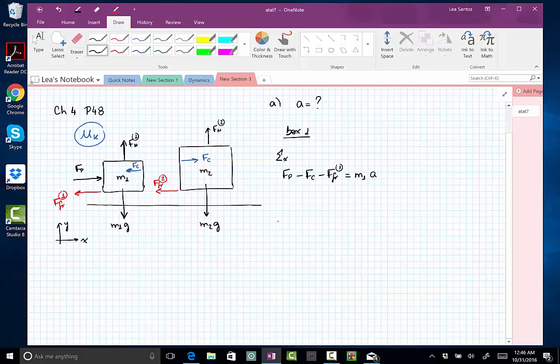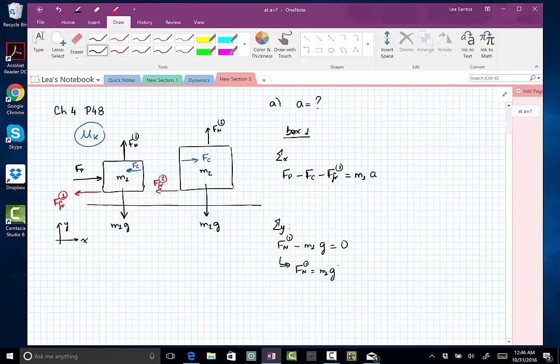How about in the y direction? In the y direction, we have just Fn, and this is Fn1, minus M1g. Along the y direction, there is no motion, and this is then 0. This is important because from here I can get Fn1, and Fn1 is just M1g.